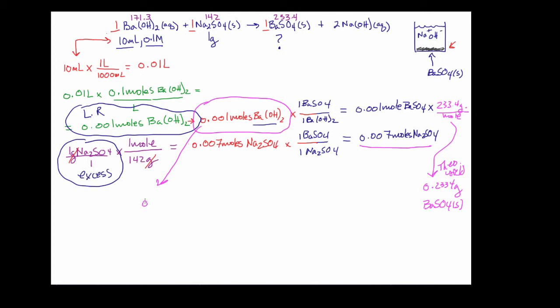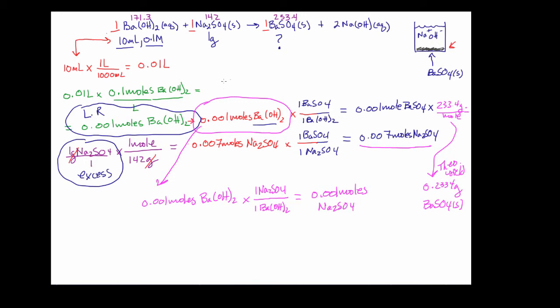So we're going to have 0.001 moles of Ba(OH)2, and we're going to ask the question, how much of the sodium sulfate had to react with this? So we're going to multiply by our mole ratio, which is going to be Na2SO4 over Ba(OH)2. Ratio is 1 to 1 again, so we're going to utilize 0.001 moles of the Na2SO4.